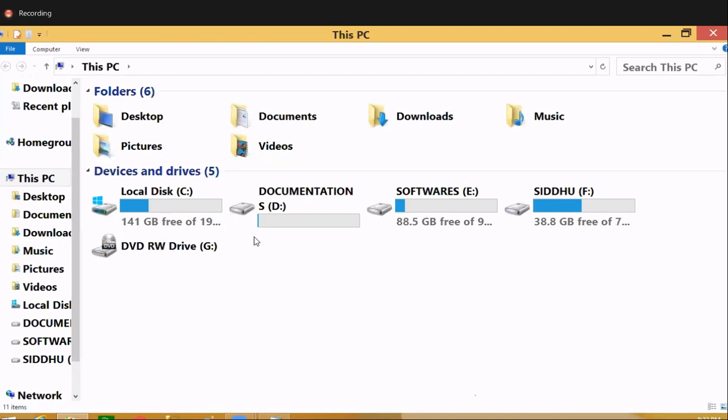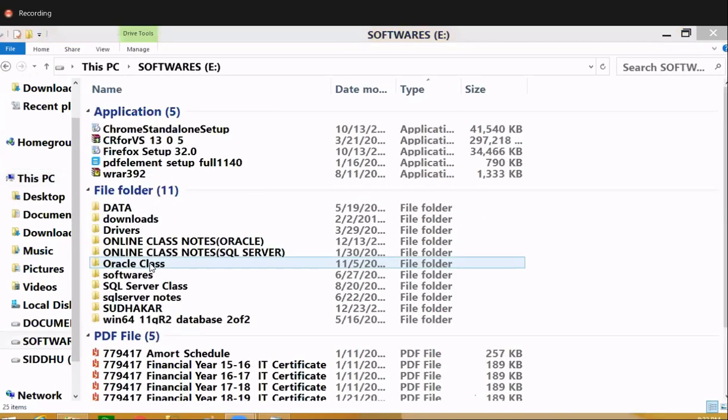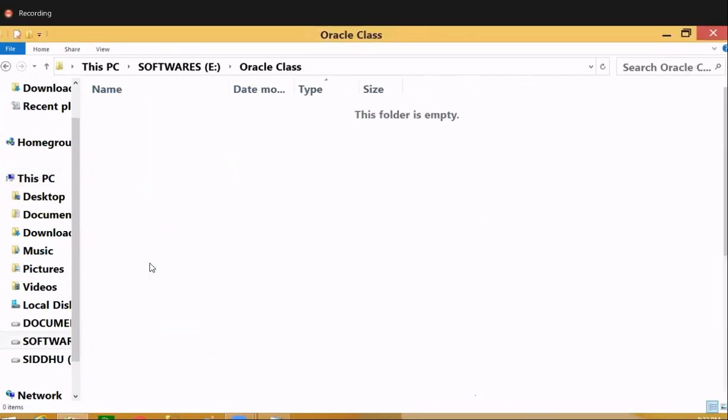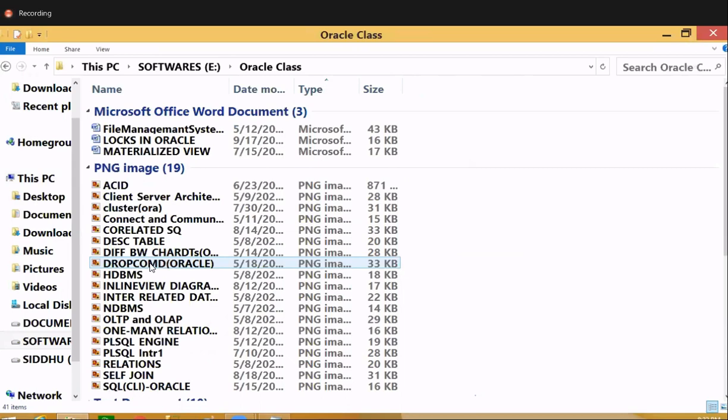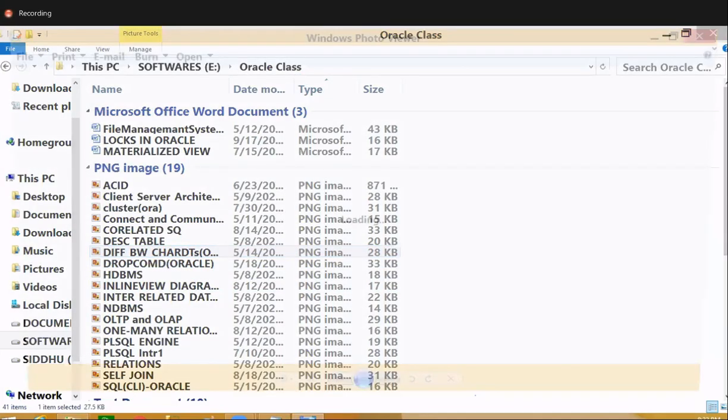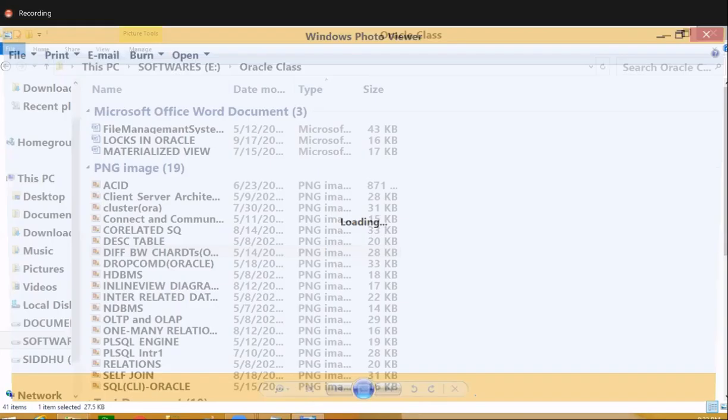By seeing this diagram, you can clearly understand. Carefully see this diagram, everyone. This is a fixed length data type.